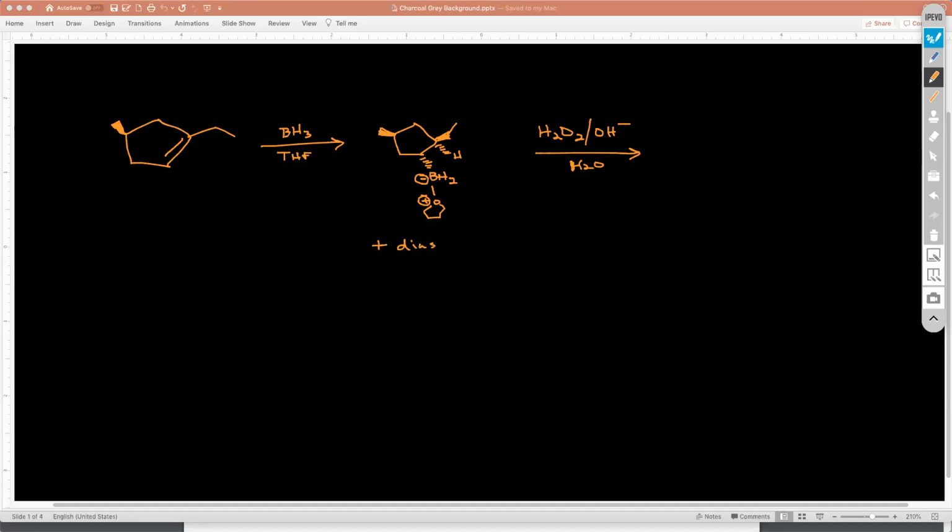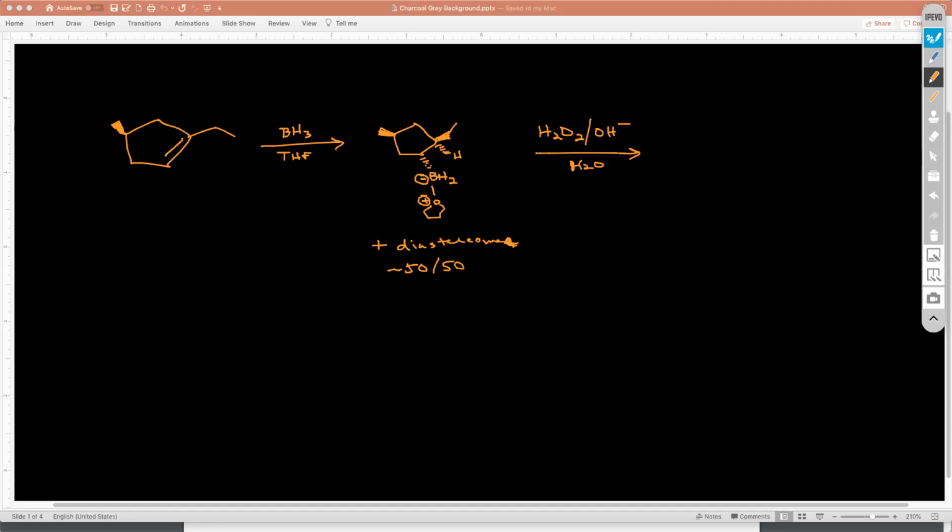When we look at the pair of diastereomers, it's going to be about a 50-50 mix, but it's not exactly 50-50, and that's because this group is pointing out toward us. If it was going back away from us, we might get more or less of this one.